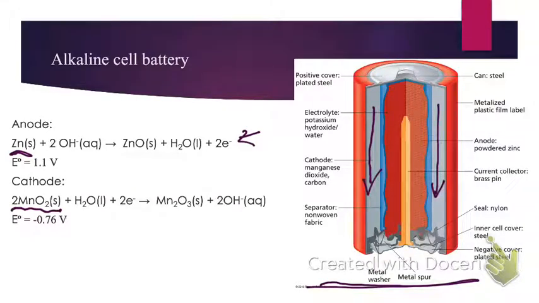And then we have the anode here in this area where we've got powdered zinc. All right, so again, at the anode, the oxidation involves the oxidation of zinc, but at the cathode, it's reduction of the manganese in the manganese dioxide, as indicated here. So that's the simple design for the alkaline cell battery. Again, it's alkaline because you notice there are hydroxide ions present in the reaction.